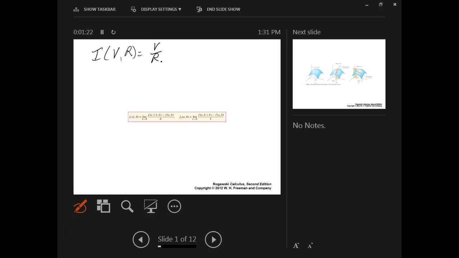Now, if the resistance is constant and you increase voltage, the current is going to increase. But if the voltage is fixed and you increase the resistance, the current is going to decrease, okay? So current responds to voltage in one way and to resistance in another way, so you can't always say it's always this as these are approaching some value.